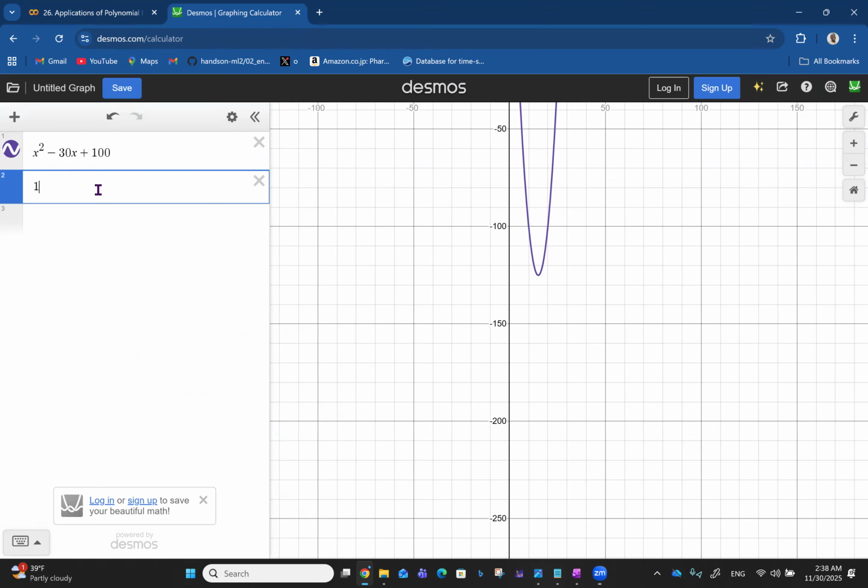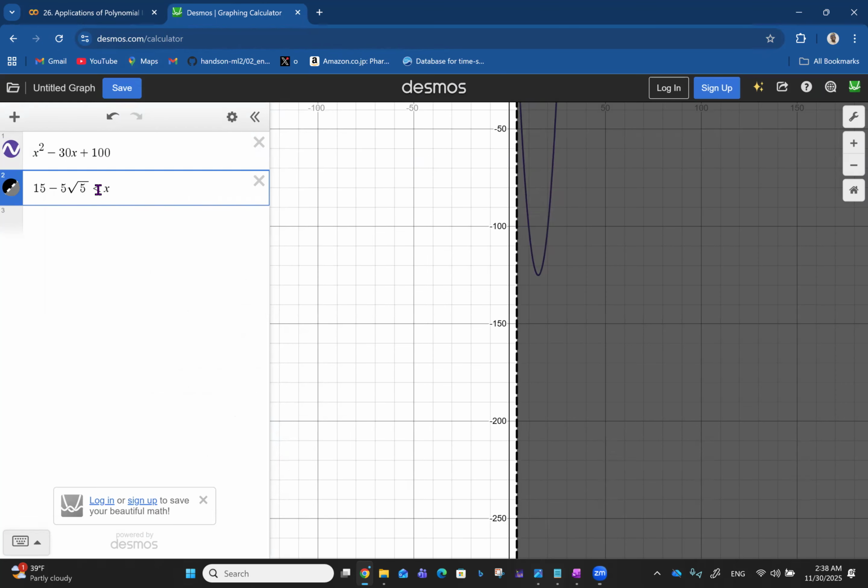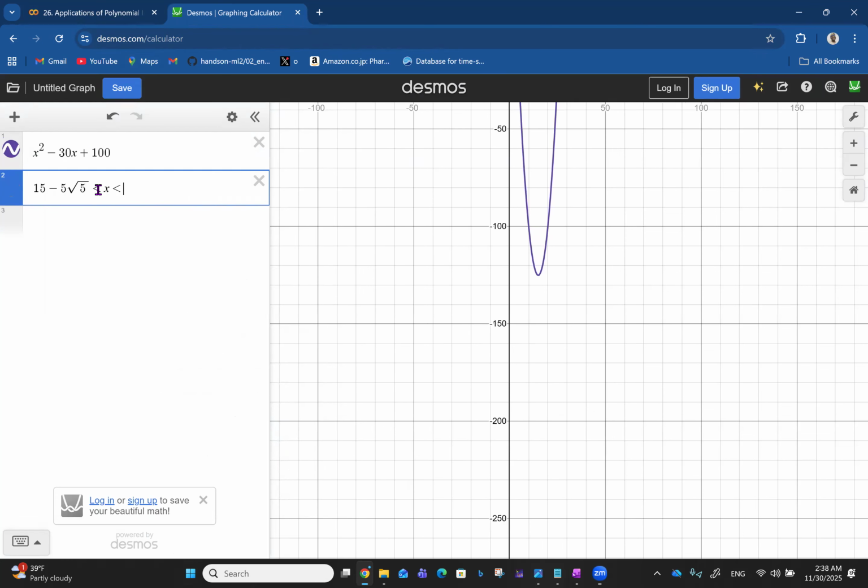So we have 15 minus 5 square roots of 5 is less than x, and that is also less than this whole thing, where we change the sign to plus. So in between now we have plus.